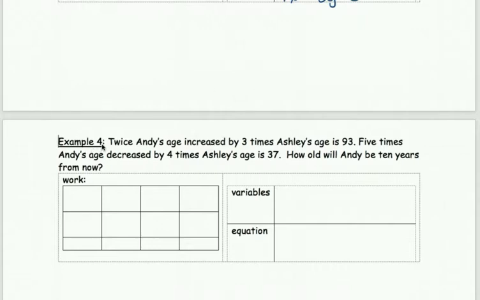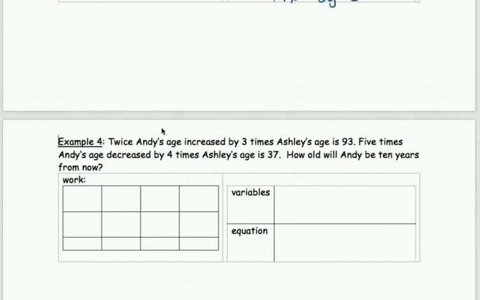Twice Andy's age increased by 3 times Ashley's age is 93. The next sentence is 5 times Andy's age decreased by 4 times Ashley's age is 37. I know no one talks like this, but just get comfortable translating it. We can do these. You can translate a lot of questions here. How old will Andy be in 10 years from now?